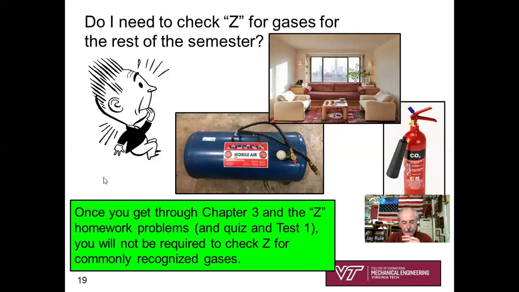One last thought: if you have a phase change substance, you don't even mess with this Z thing. For things like steam, propane, refrigerant, this Z business doesn't even come into play, because a phase change substance is not an ideal gas. Definitely.